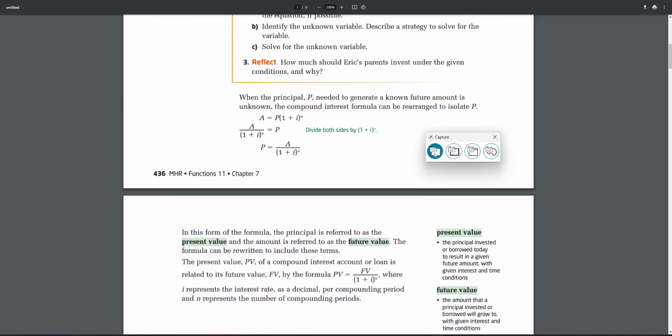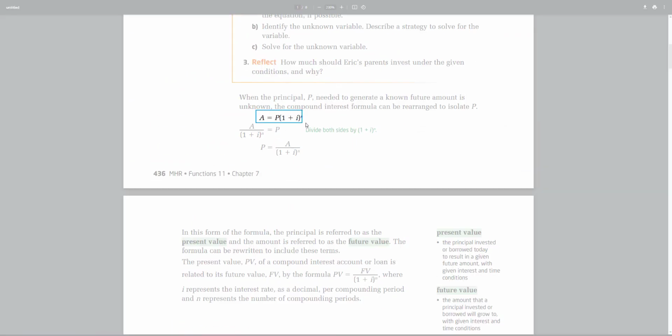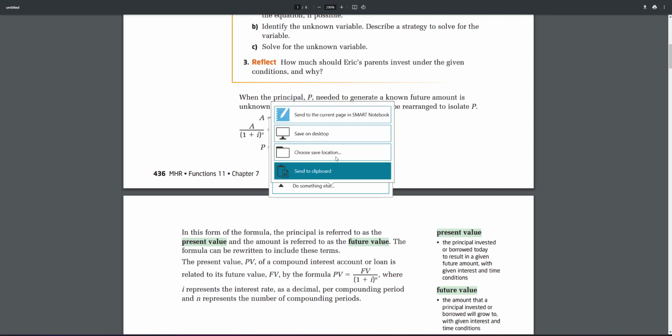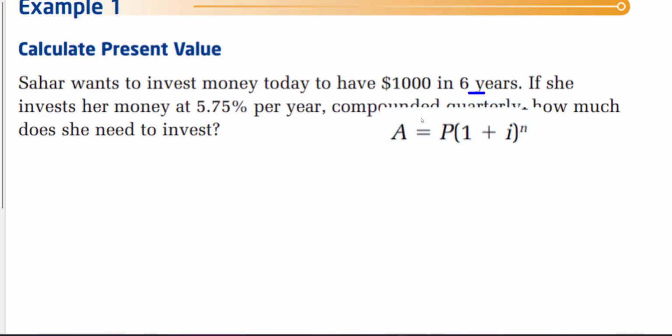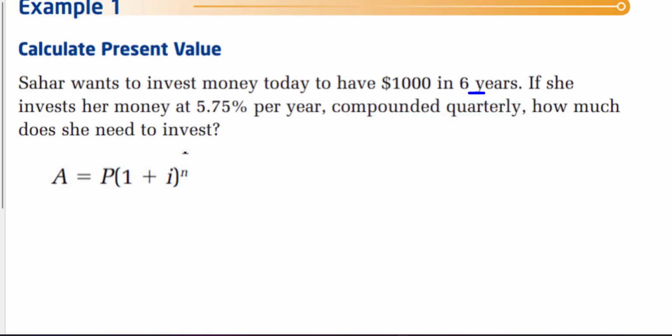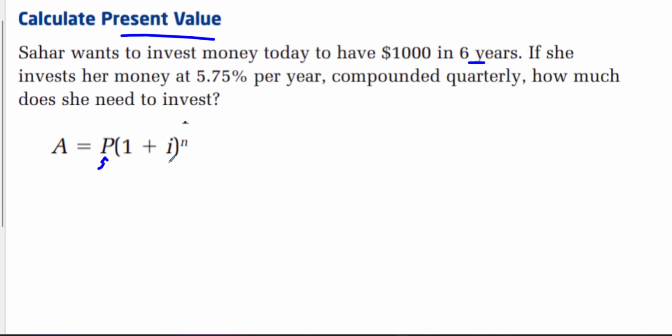So first things first, what's the formula? It's the same formula as this one here. Question is, we're calculating present value. We're looking for P. And the thing is, right now, the way this equation is written, it's solved for A, or future value.